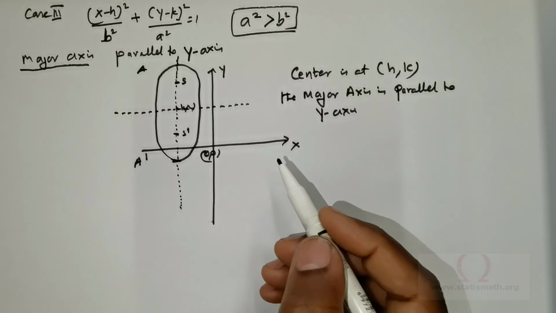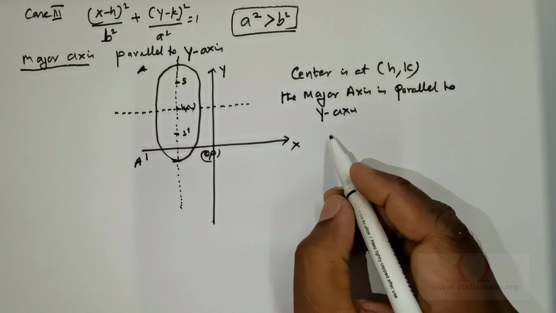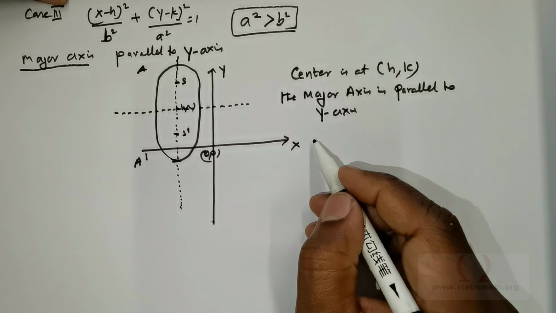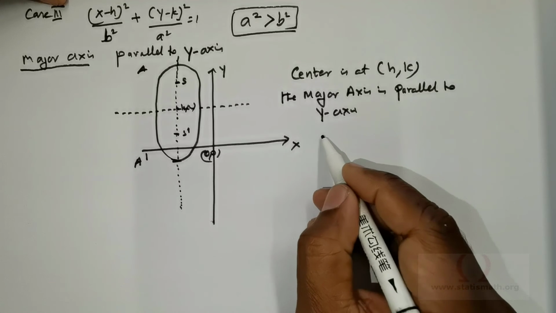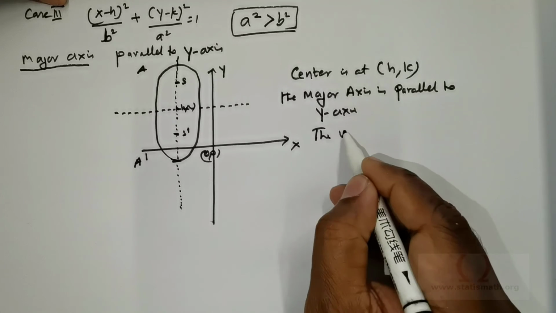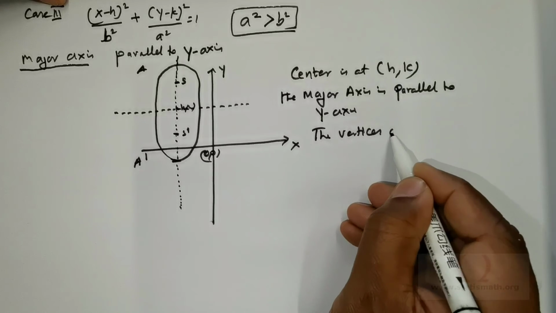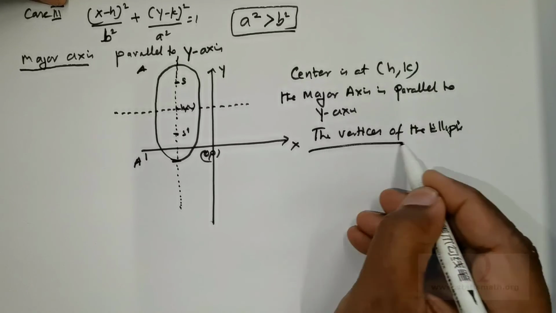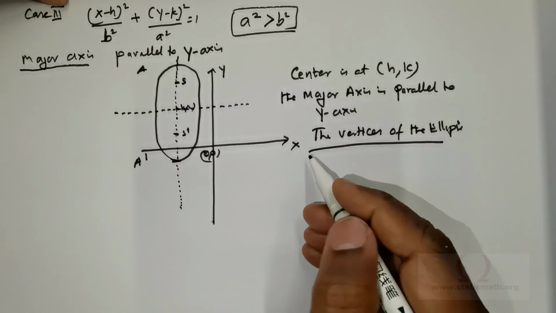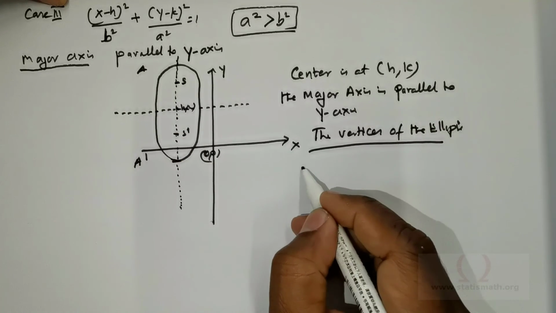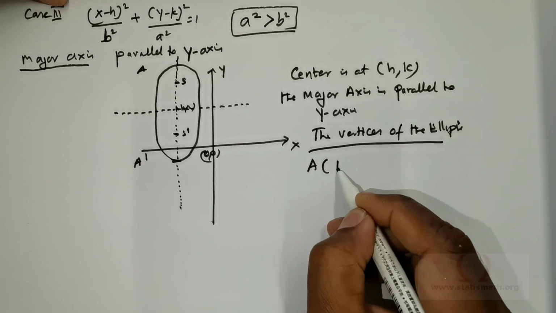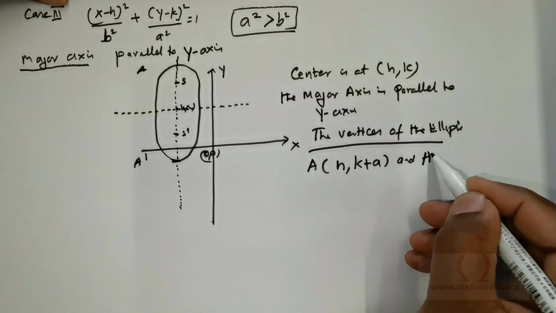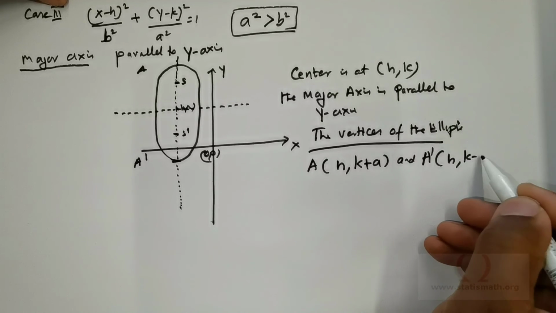This point is 0, 0. Now before we go to the foci, let us talk about the vertices of the ellipse. We have A and A dash, and that is going to be A at (h, k plus a) and A dash at (h, k minus a).